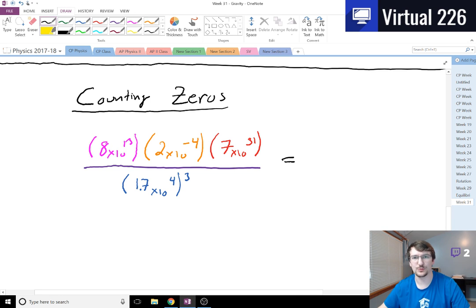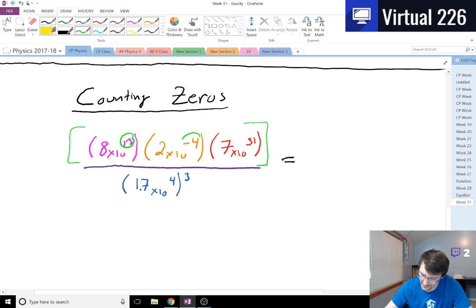What does that equal? I don't know, but we can get a good idea of what it should equal by basically counting zeros here. We're going to look at the quantities in the numerator first, and specifically the times 10 to the values.